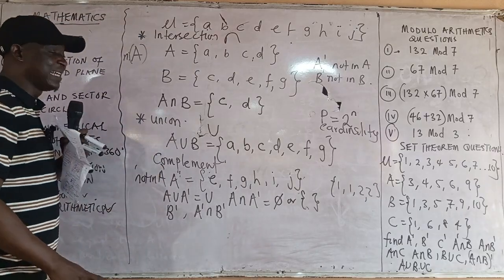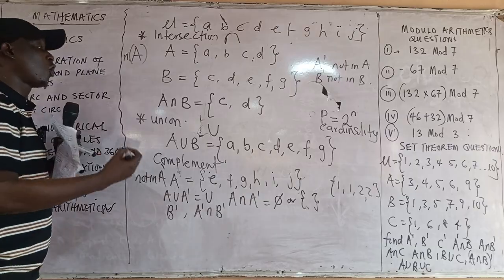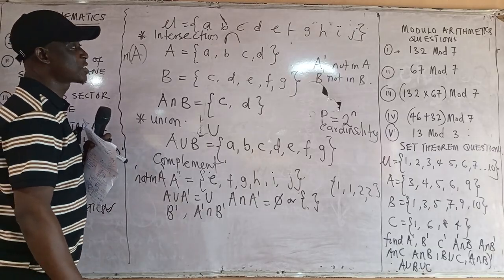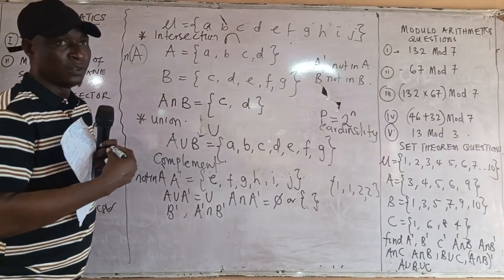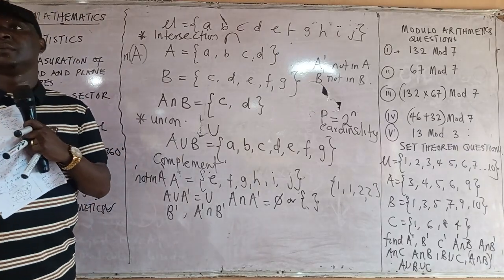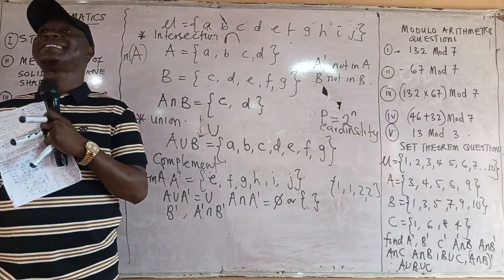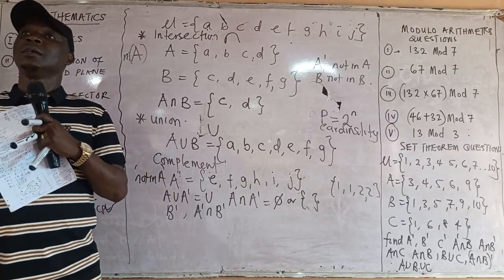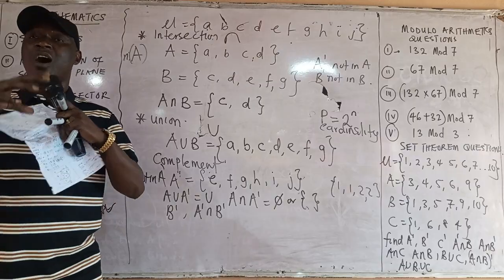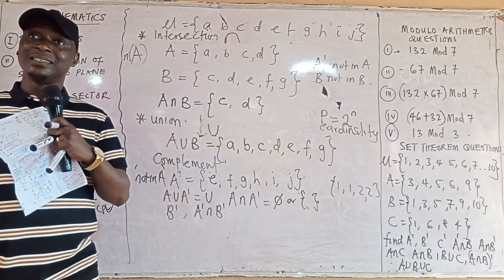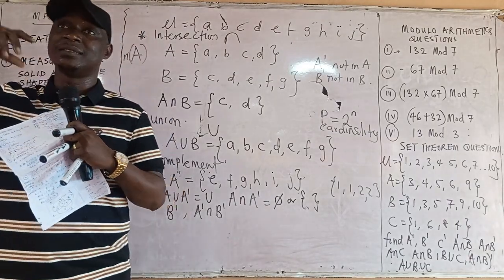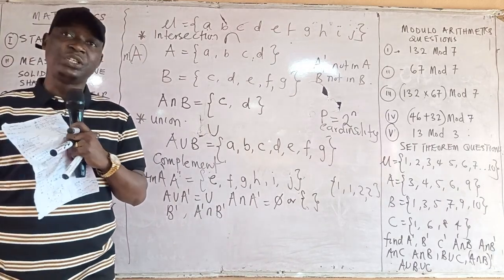Now, the next thing to do is what we call the subset. What is a subset? A subset means that all the elements in such a set are in another set. Let me put it this way.